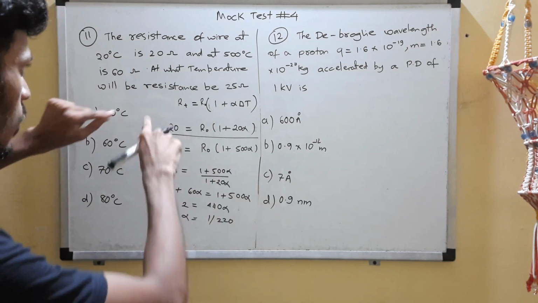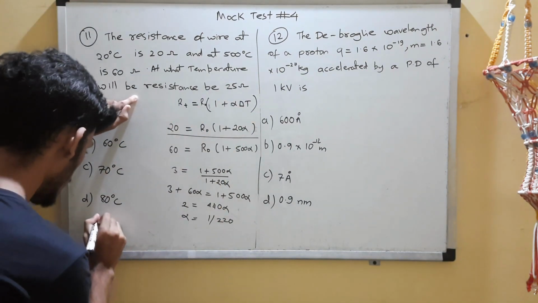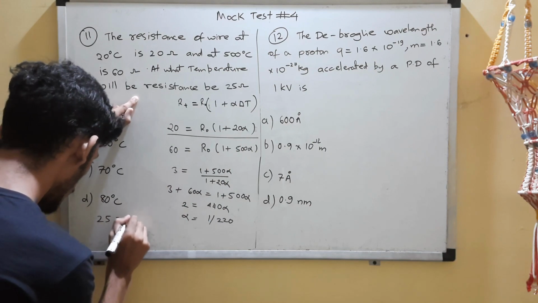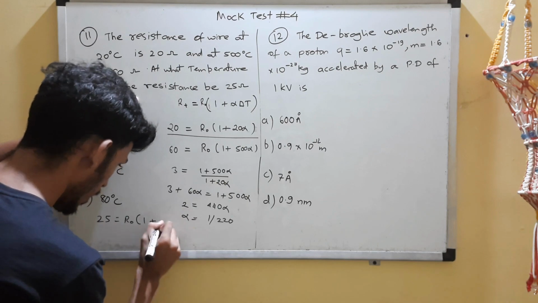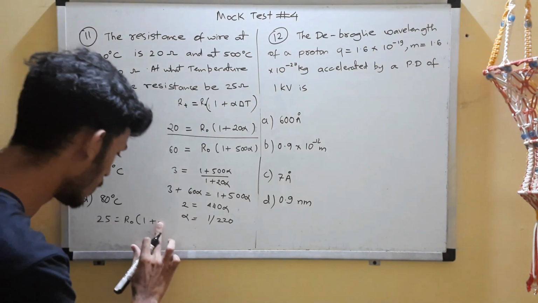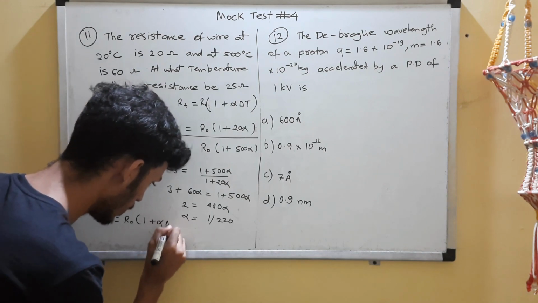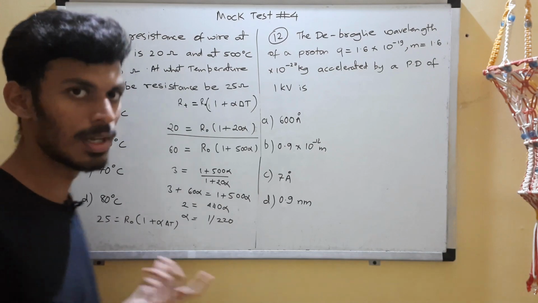And one more we have to write, at what temperature will the resistance become 25. So resistance becomes 25, R0 into 1 plus alpha, which we will substitute in a while, into delta T. Delta T is what we are supposed to find over here. What should be the rise in temperature for the resistance to become 25.